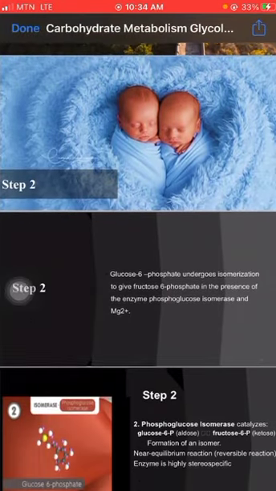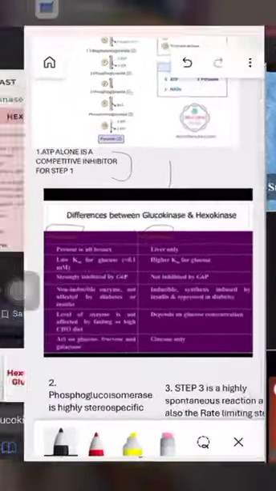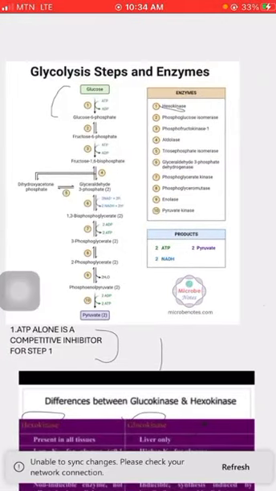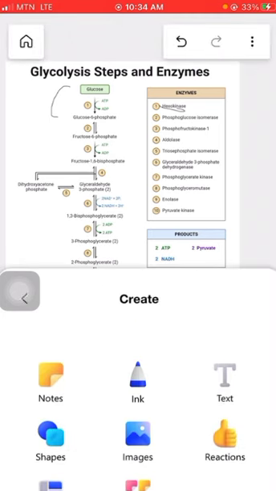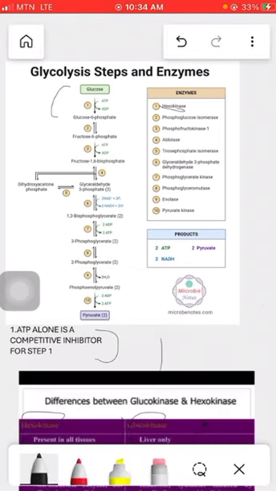For step 2, let me use this and illustrate it for you to see. In step 2, you see that the glucose 6-phosphate will be converted to fructose 6-phosphate.